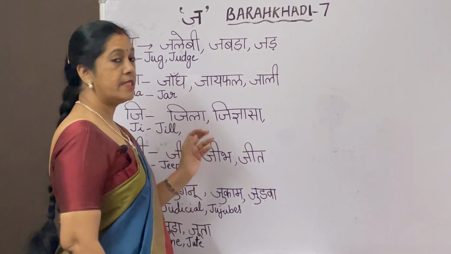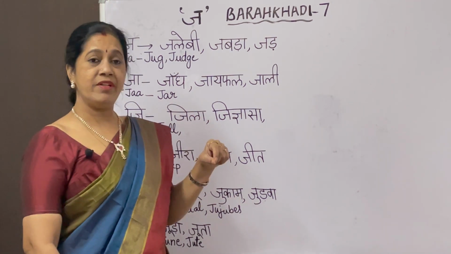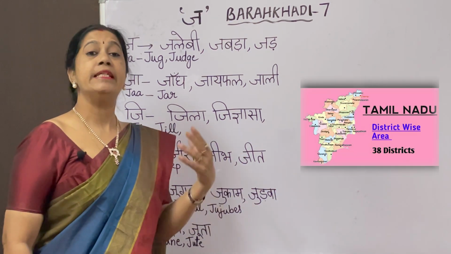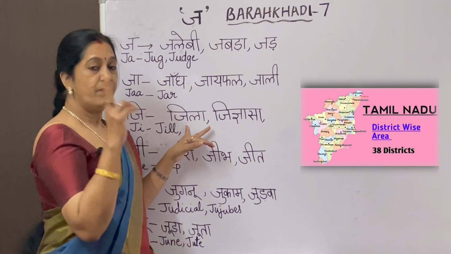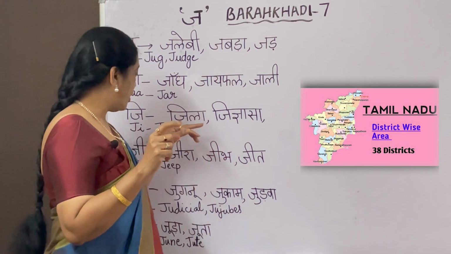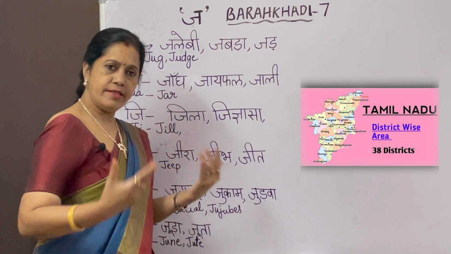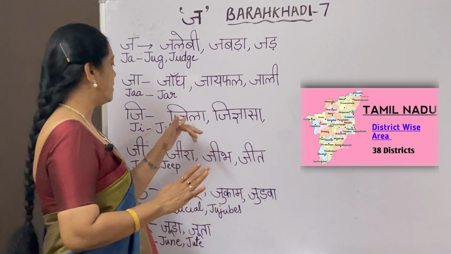It should have a dot below. But in Hindi we use it as Jila. Jila means district. So I'm giving you both: the actual word is Zila with a dot below, but as we use it in Hindi, we generally say Jila.